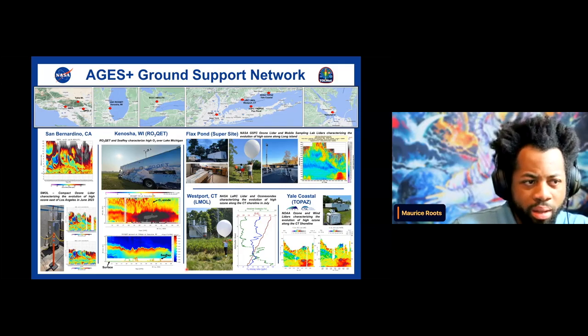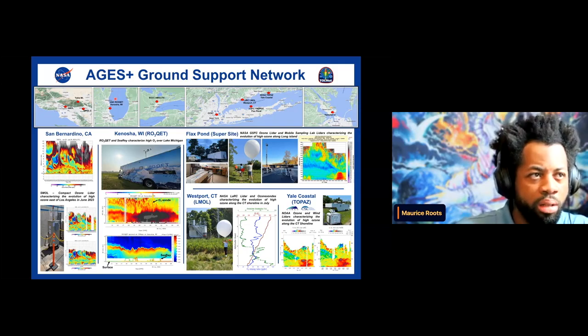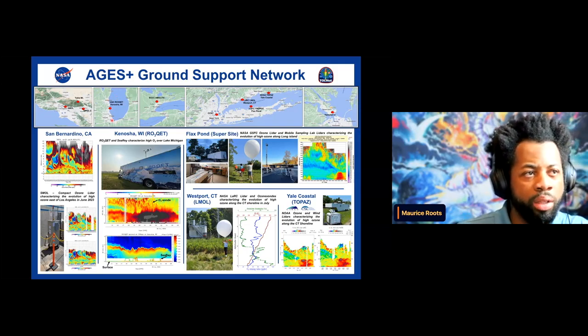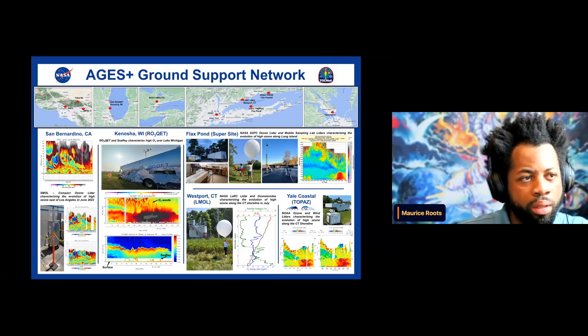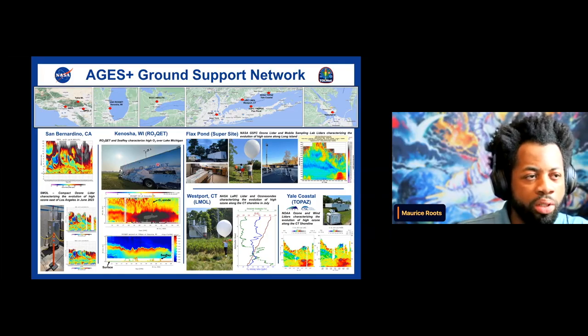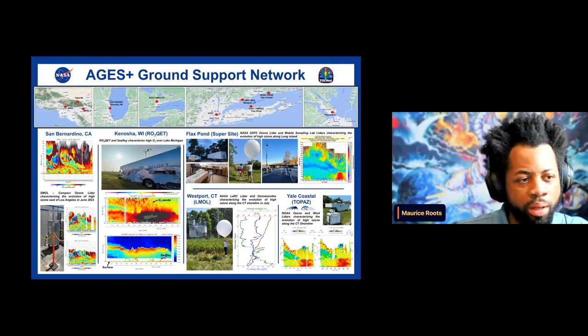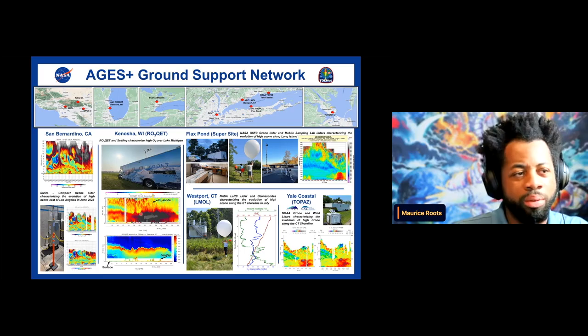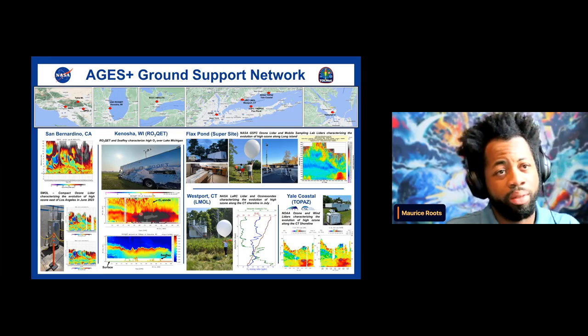They were stationed here in Kenosha, between Milwaukee and Chicago. They took their mobile system out there, flew their plane, and I believe there was also a drone that they had with them.